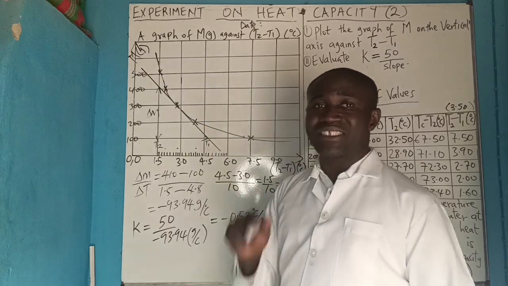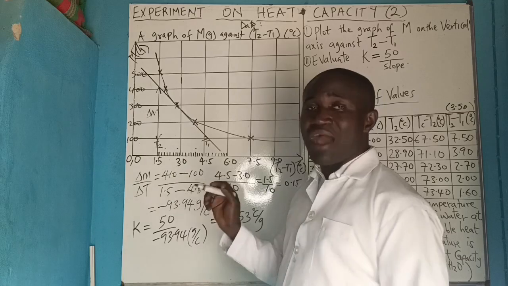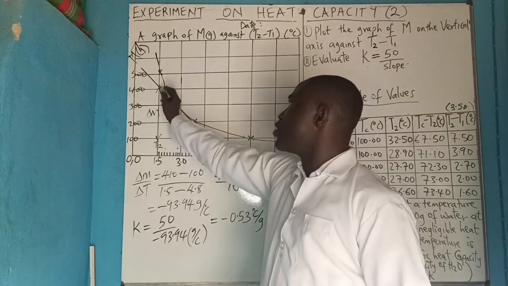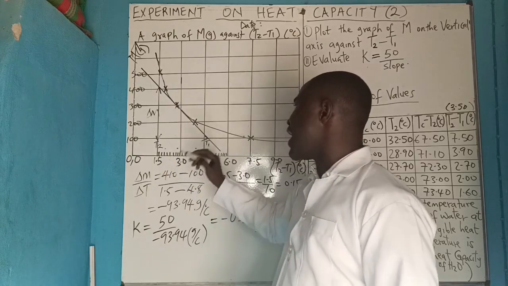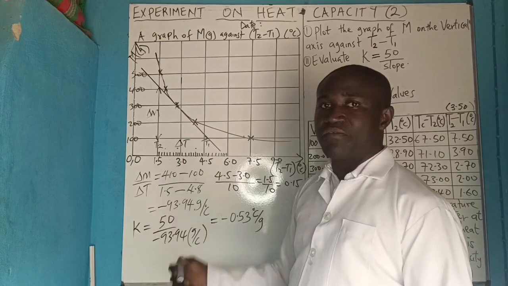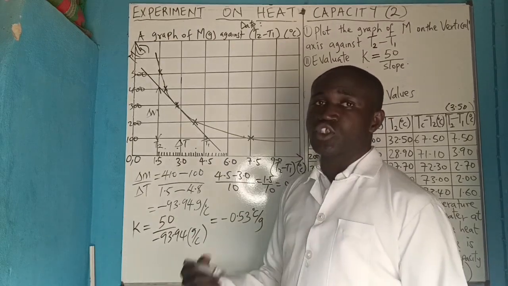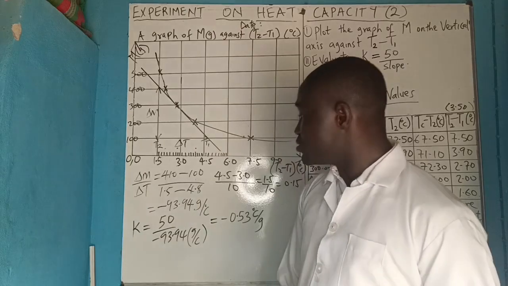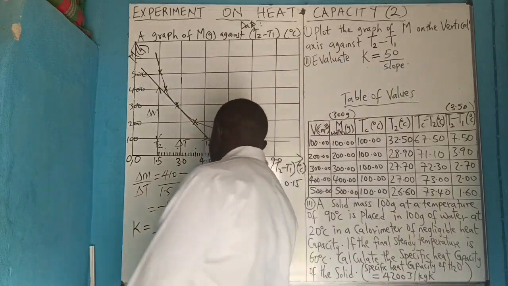Every curve has its apex. So the straight line has to pass through that apex. Once you pass through it, get your change in mass over change in T. Get the change and divide. Whatever it gives you becomes your slope. The slope has to be negative. Are you getting it? So we have gotten the value of K from the graph.